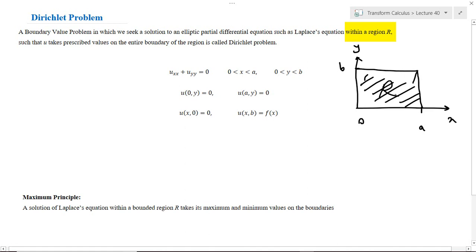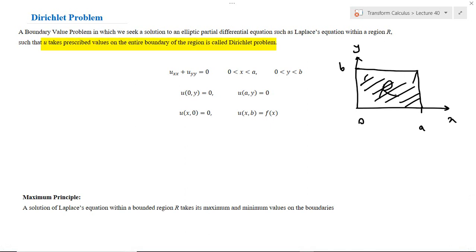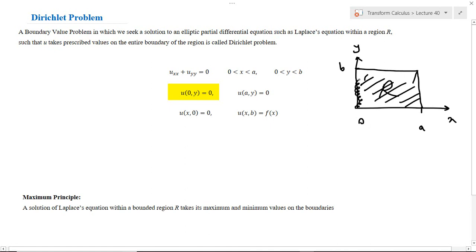This region is R. The other requirement of the Dirichlet problem is that u should take prescribed values on the entire boundary of the region, and it does here. u of 0 and y is equal to 0, so we are talking about this boundary. u of a and y is equal to 0, this boundary. u of x and 0 is equal to 0, this boundary.